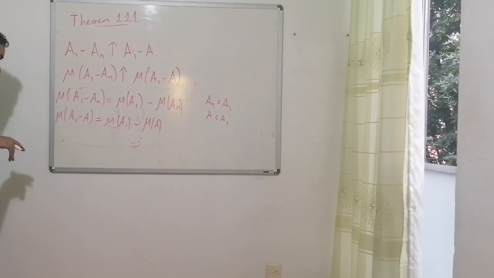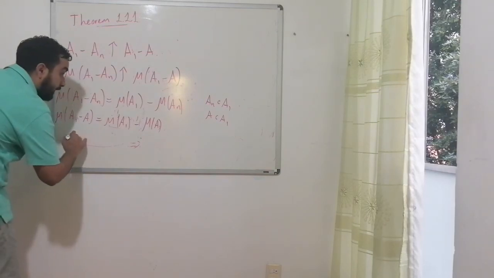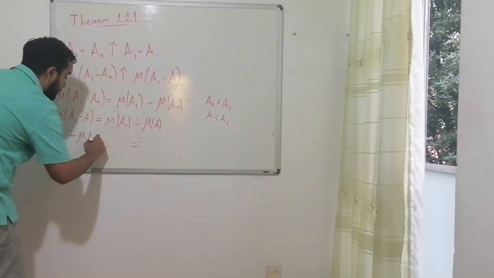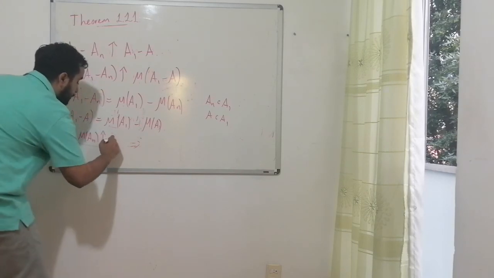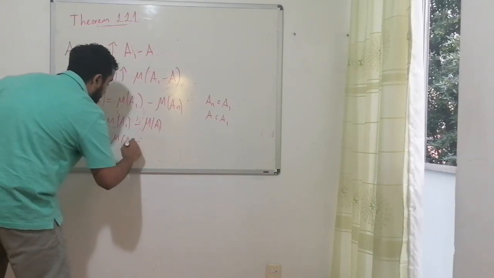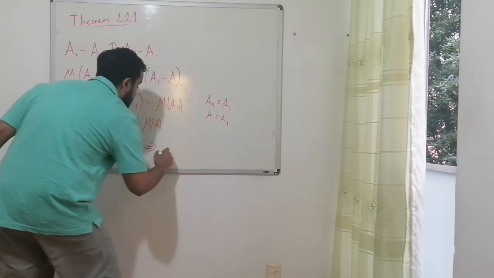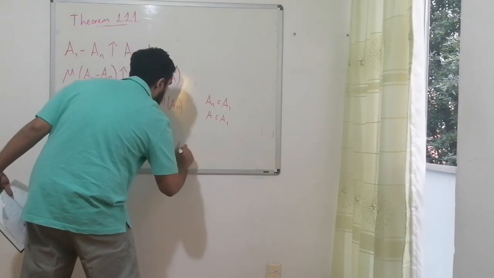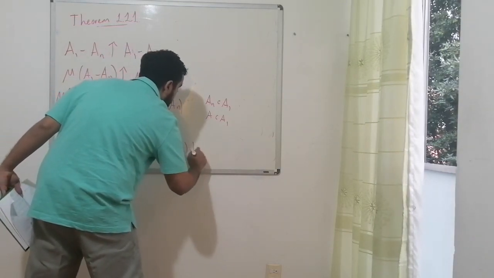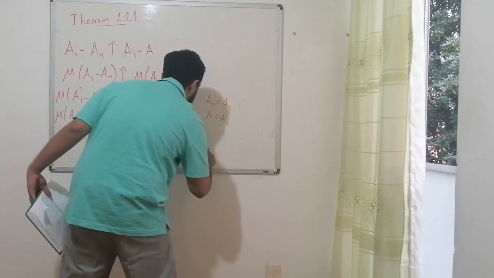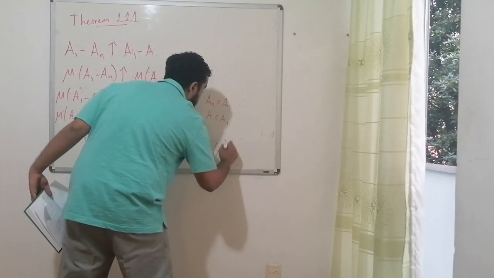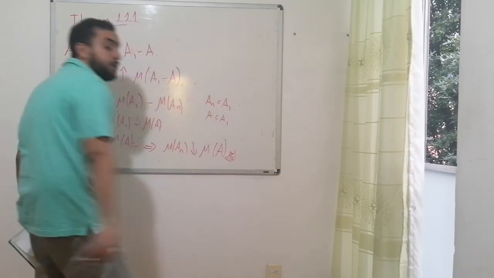That implies that minus mu of A_n goes to minus mu of A, and that implies that mu of A_n goes from above to mu of A, and this finishes the proof.